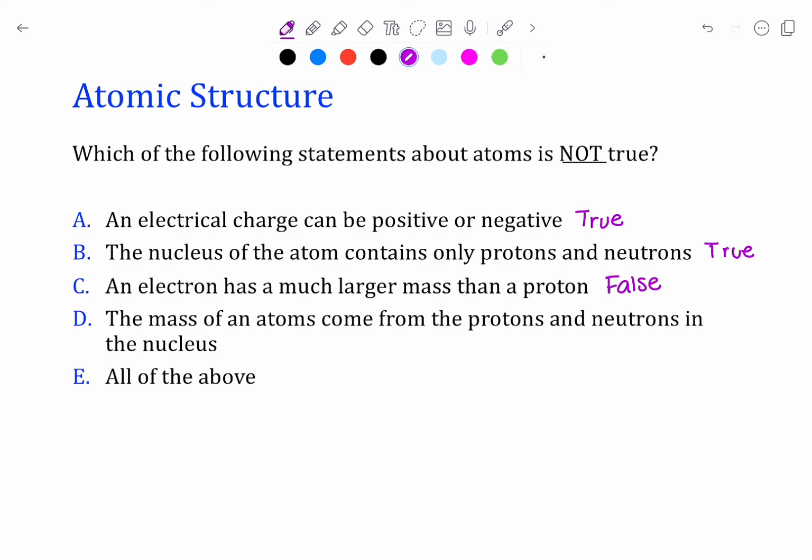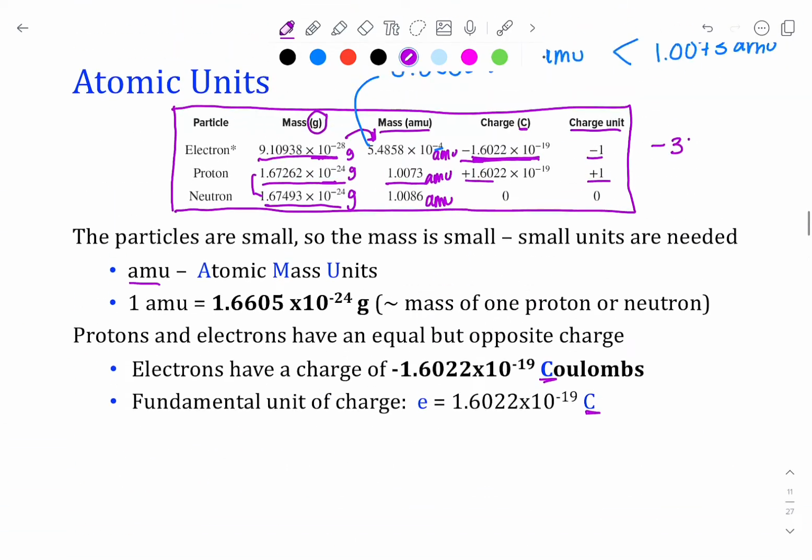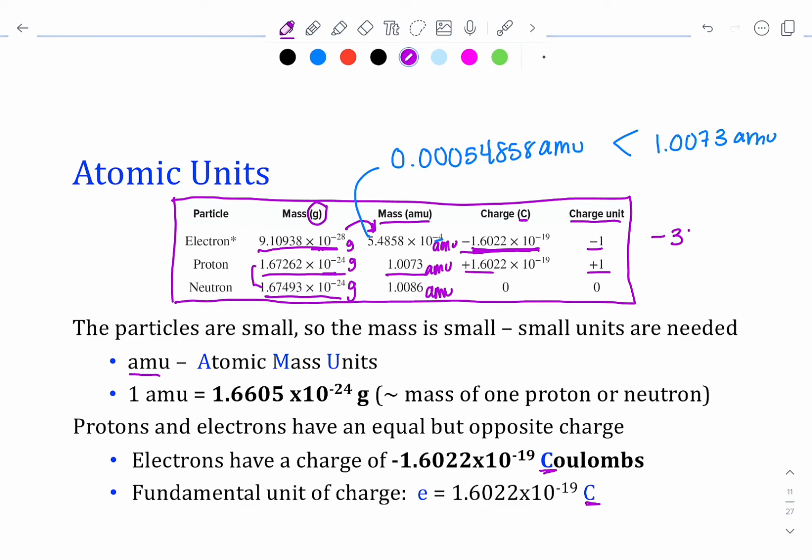Okay, let's look at our last statement. The mass of an atom comes from the protons and the neutrons in the nucleus. Well, this relates to what we were just talking about before, how the mass of the proton, which is very similar to the mass of a neutron, 1.0086 AMUs, is much larger than the electron.